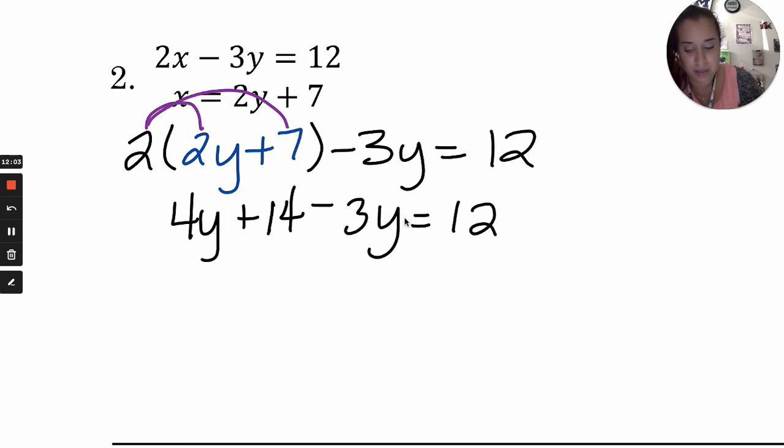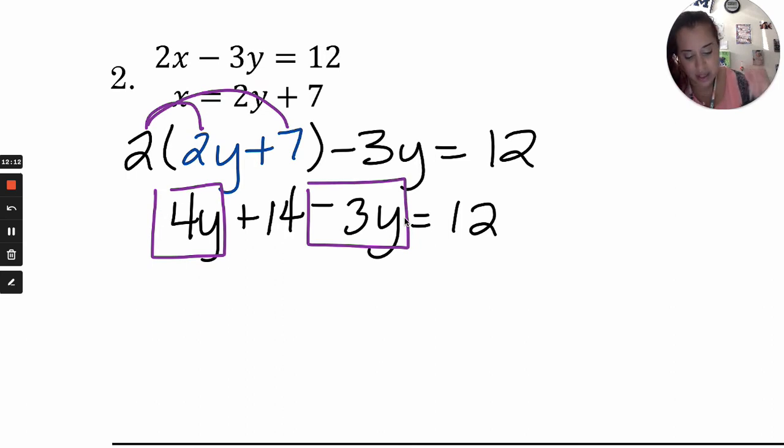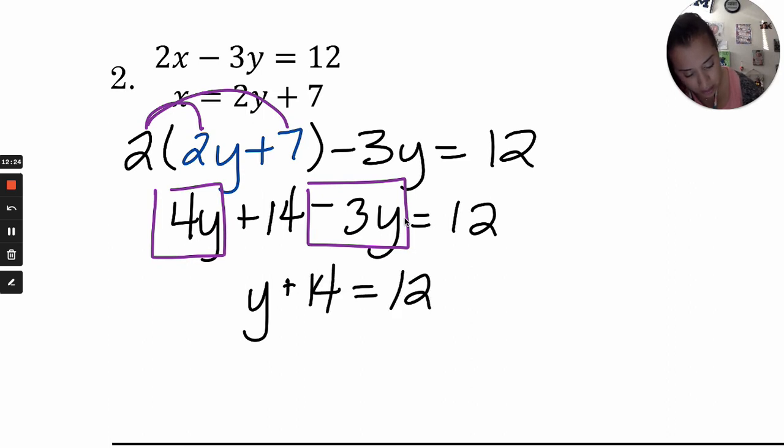So again, we combine like terms. The y's I'm going to add together because they're on the same side of the equal sign. So we have 4y plus negative 3y, which is the same thing as y. So y plus 14 equals 12. So y is equal to negative 2.